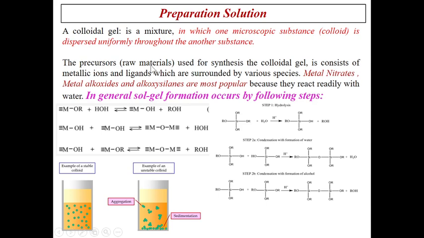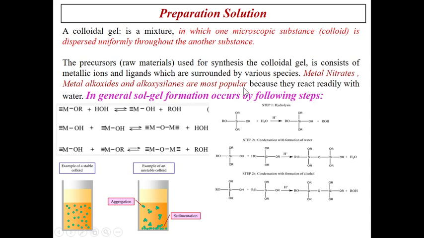And the precursors or raw materials used for synthesis: the colloidal gel consists of metal ions and ligands, meaning some organic material is also used, which are surrounded by various species. That is a metal nitrate, what I told, metal alkoxide.